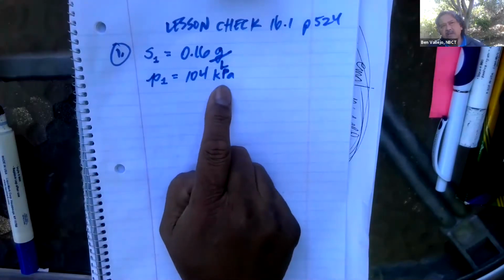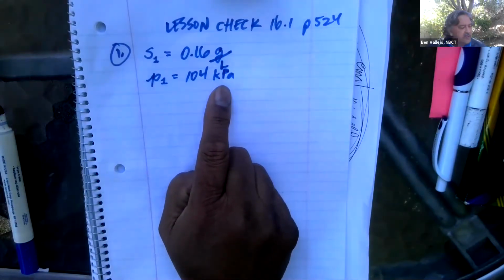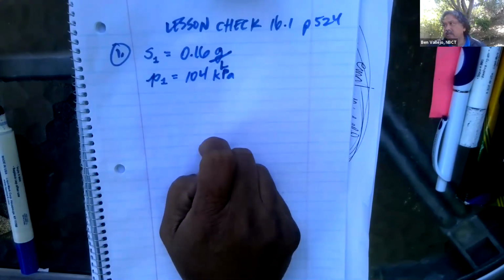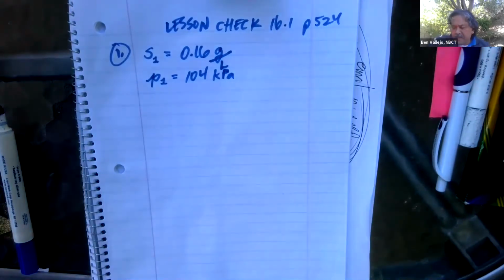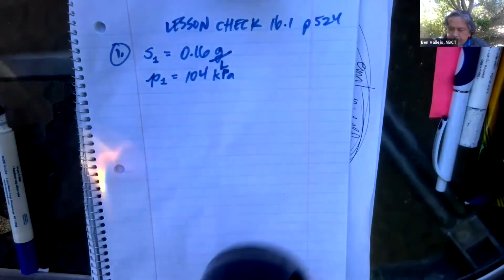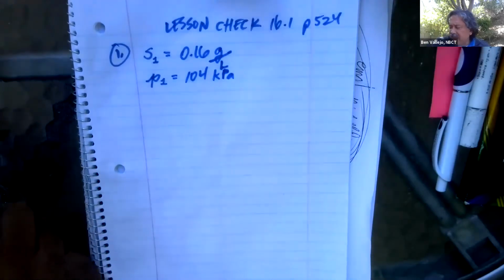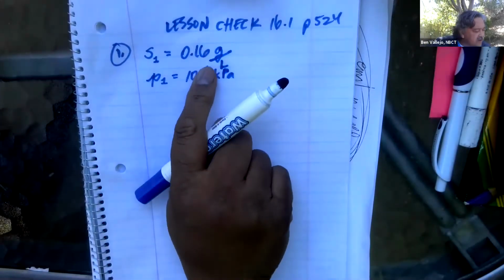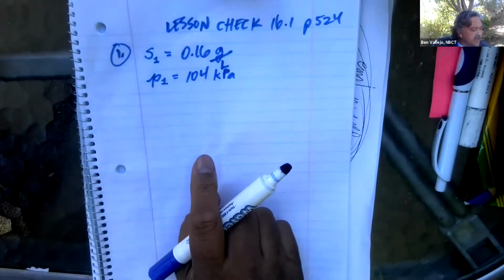So if you ever get a situation where you're trying to use Henry's law and you have a pressure, but it's in torrs or it's in atmospheres or it's in millimeters of mercury, you're going to want to convert it first over to kilopascals. That's not a hard conversion. You can even ask Siri to do that one if you wanted to. Okay, so that's the first sentence, S1 and P1.